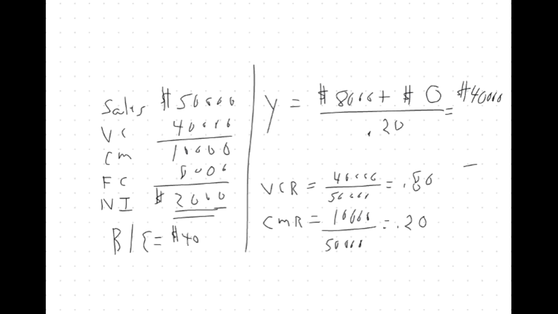Now, we need to check our work because how do we know that Ralph didn't make a mistake or we didn't make a mistake? Well, we'll find out if we do an income statement at $40,000 of sales.